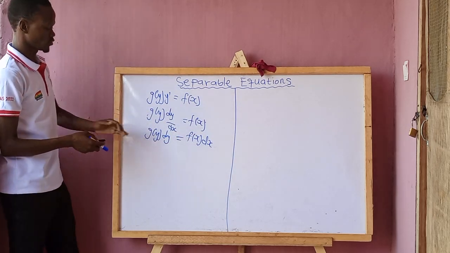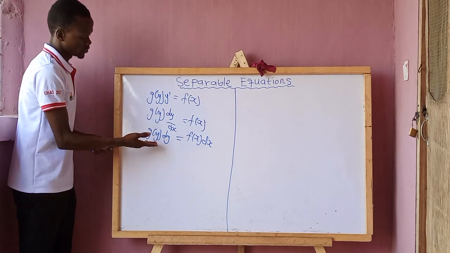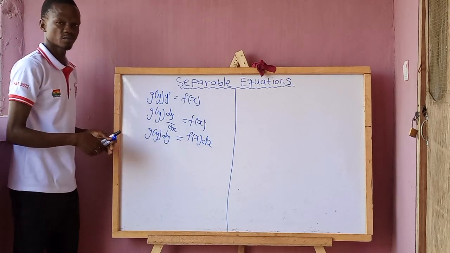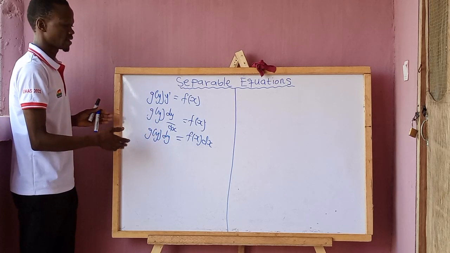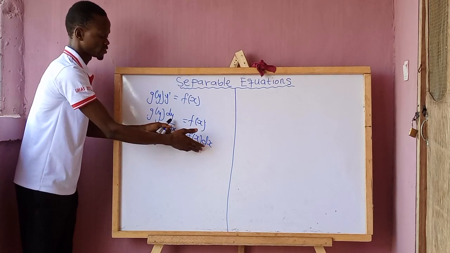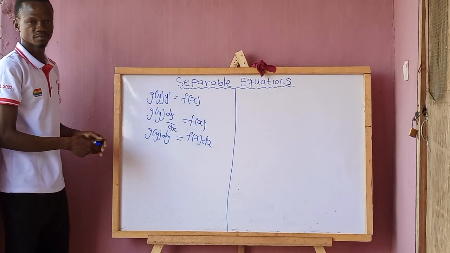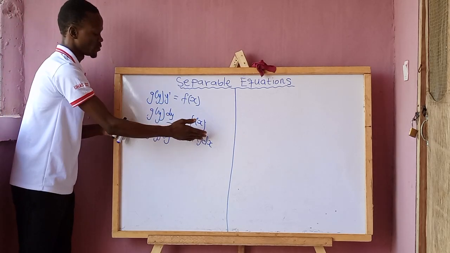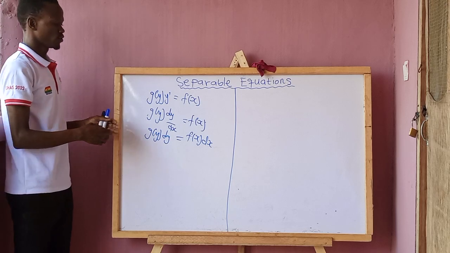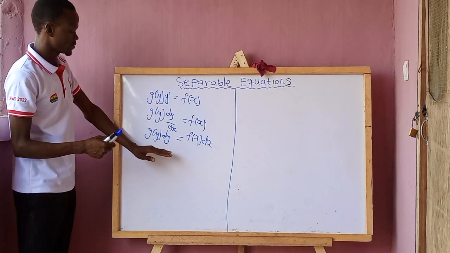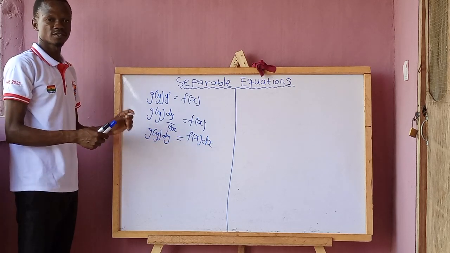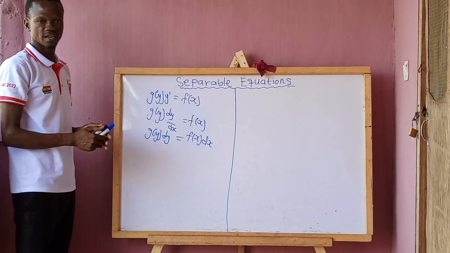Looking at this, one can see that we have been able to separate the variables. We have the y variables at the left hand side and the x variables at the right hand side of the equal sign. So to solve these types of equations, after we have separated the variables, we take the integral of both sides.